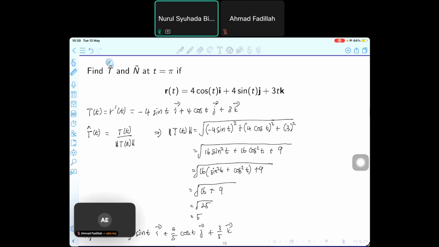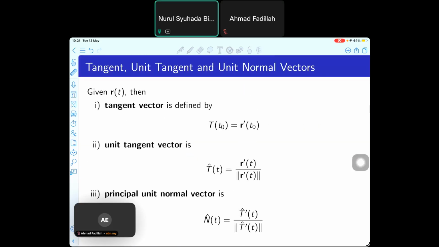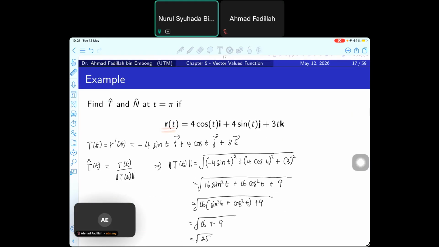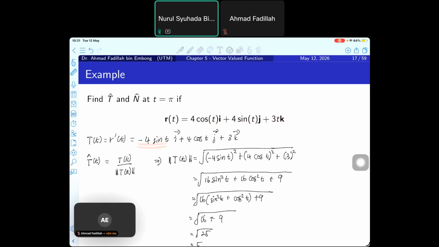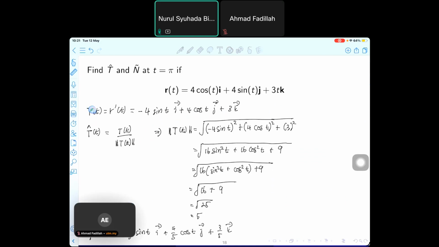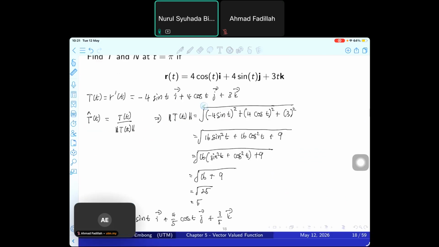In order to find T hat, let us look at the formula again. To find T hat, we need to find the first derivative, in other words, the tangent vector. So I can find the tangent vector by differentiating all the components here. Differentiating 4 cos t becomes negative 4 sin t. Differentiating 4 sin t is equal to 4 cos t. Differentiating 3t is equal to 3. And then after I get the tangent vector, I can normalize it.